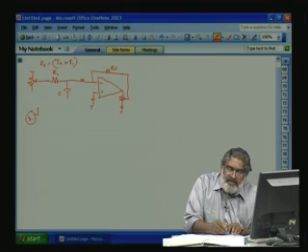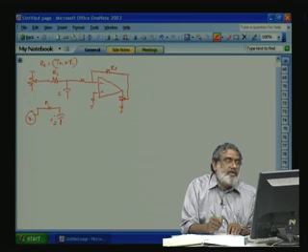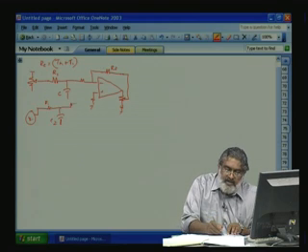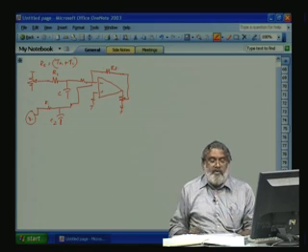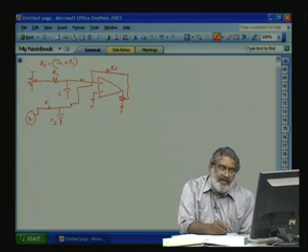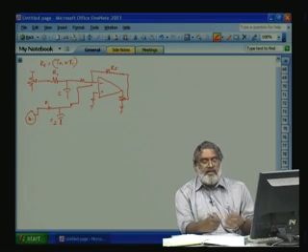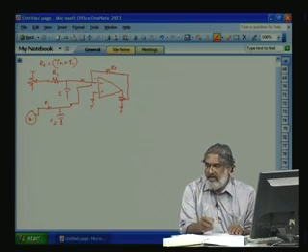Here the filter R1 C2 should be equal to T1, and we feed it here. You have to take care of the proper gain, plus or minus. Through the operational amplifier you can make the negative proper gain and give it here.